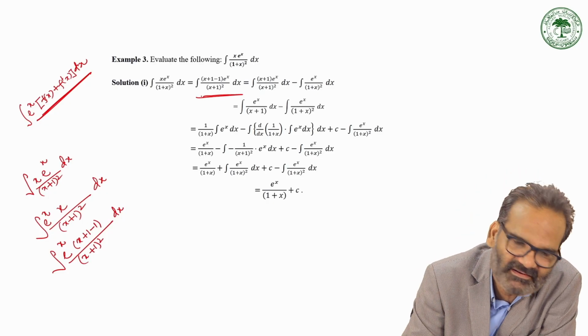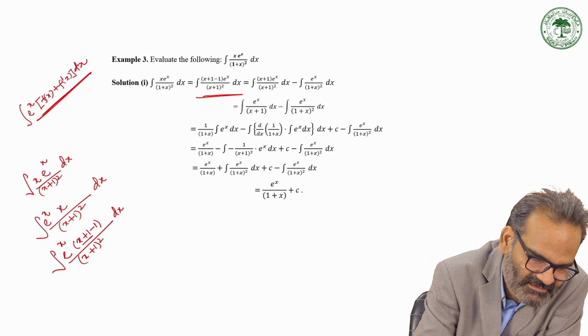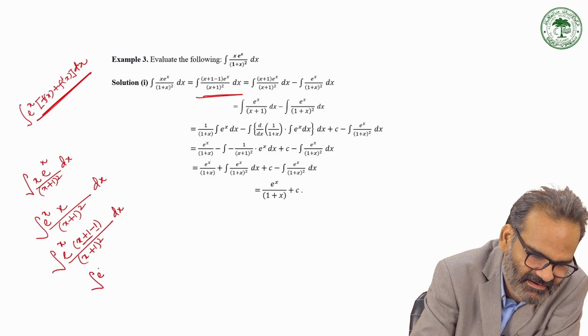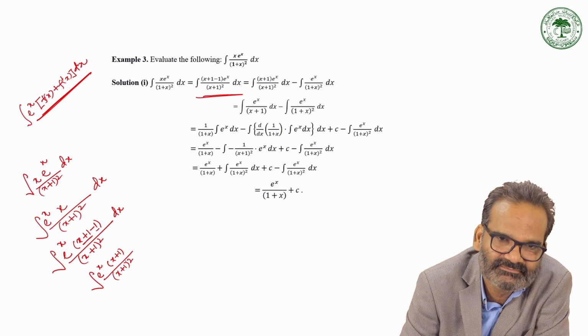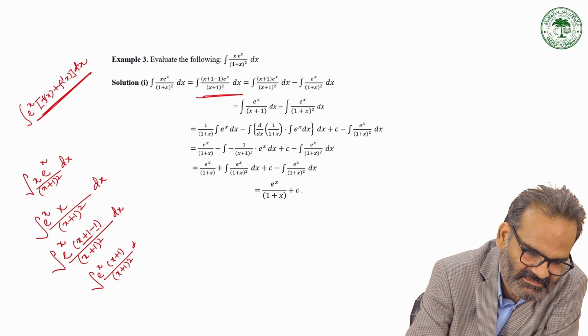Now we can separate this numerator in two parts. One part this and the second part is this. So this can be written as e raised to the power x, (x plus 1) divided by (x plus 1) its power 2, dx, separate them. And second is e raised to the power x, what is left?